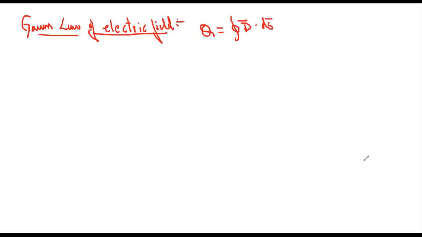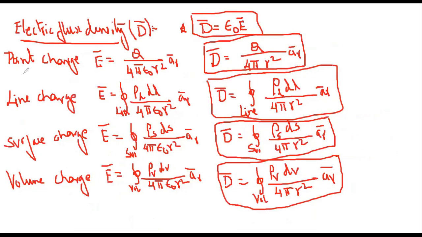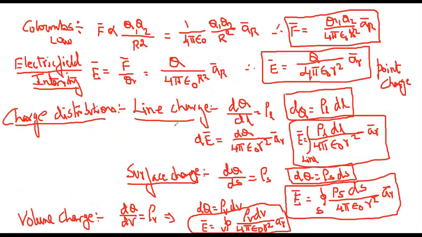By using the Gauss law, we can derive again the electric field intensity due to the infinite line, the circular ring, and the infinite sheet of charge, and the electric field intensity due to the line charge, the surface charge, and the volume charge also.